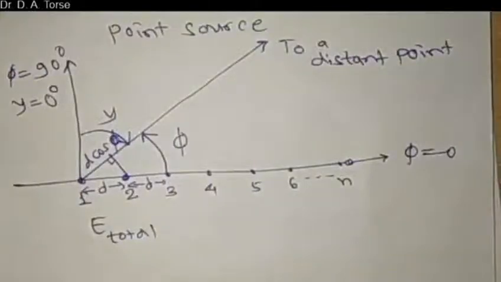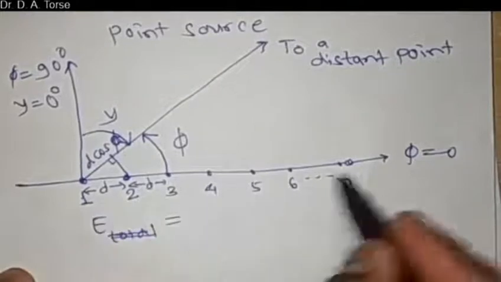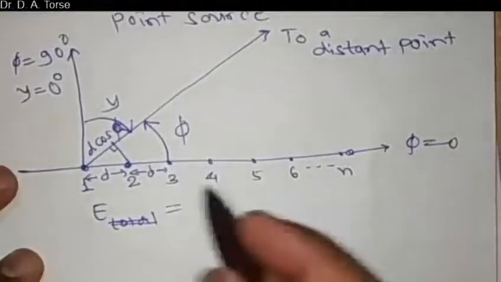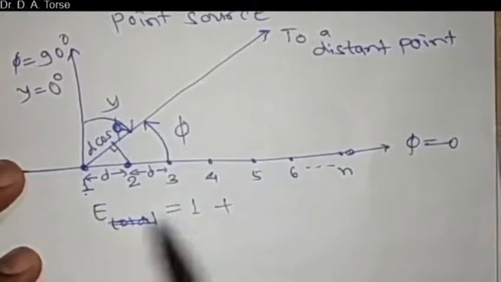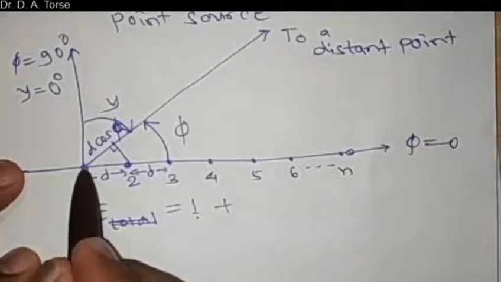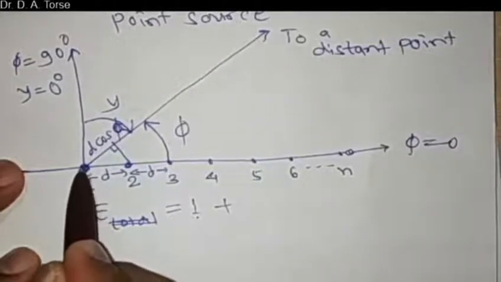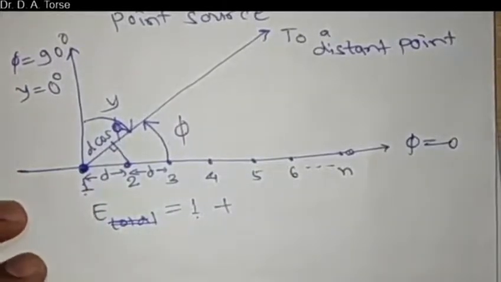So I'll refer to E only, not E total, but it is the total electric field radiated by the entire array. So 1 plus, the reason why for the first point source we are taking 1, phase 0, is because e to the power 0 is 1, and the phase of this first point source is 0 because it is at the center of the coordinate system.